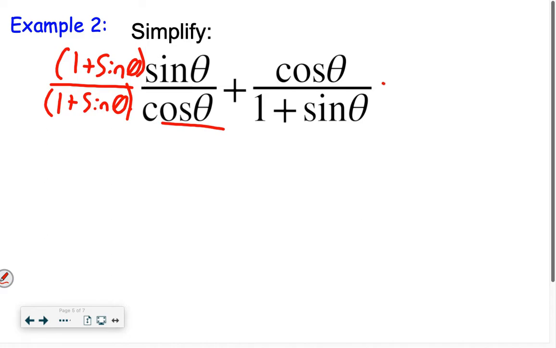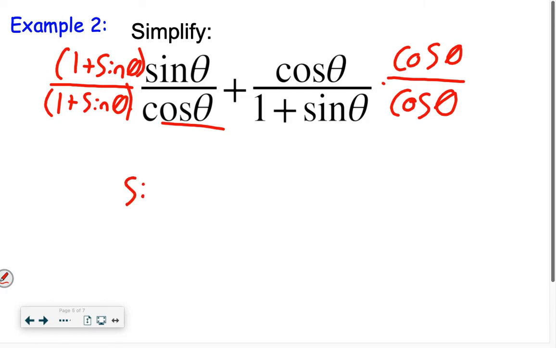The right side's missing cosine of theta. So let's multiply the top and the bottom by cosine of theta. Okay? And so I'm going to rewrite what I have here. Sine of theta times 1 plus sine of theta, you get sine of theta plus sine of theta times sine of theta is just sine of theta squared, correct?